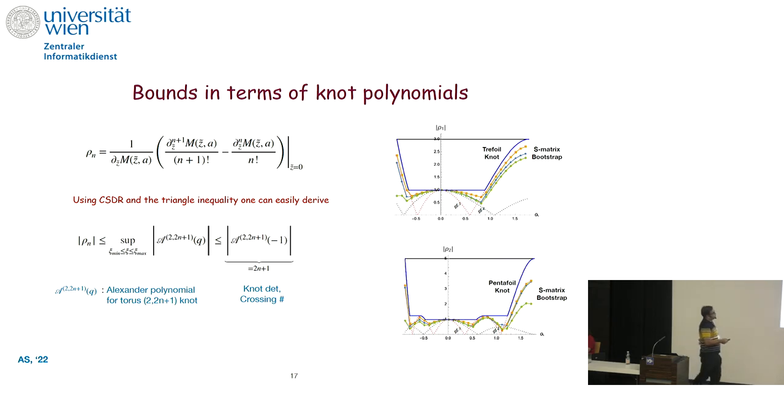What we know from knot theory is that this specific value is basically the crossing number of the appropriate knot. And you can compute bounds which are in terms of trefoil knots and pentafoil knots and so on for any value of n.